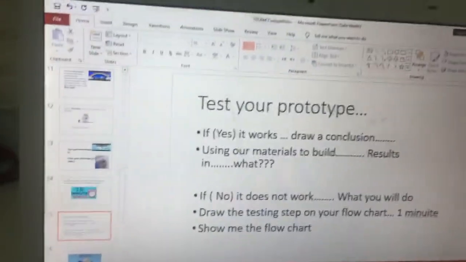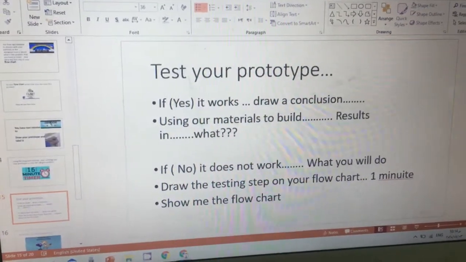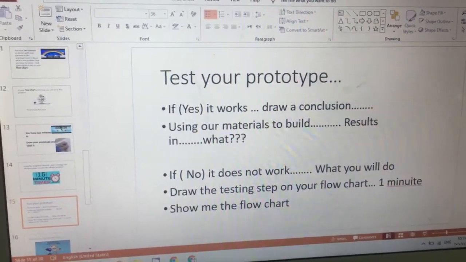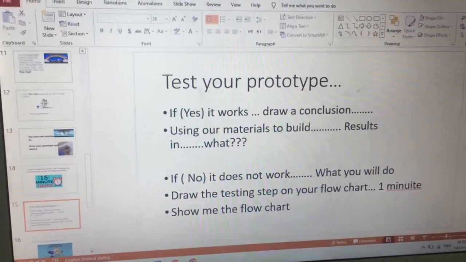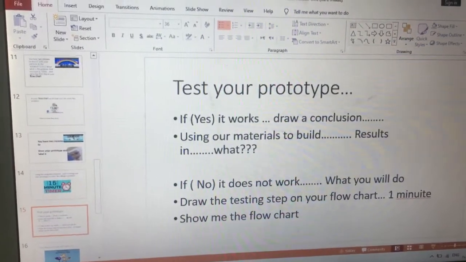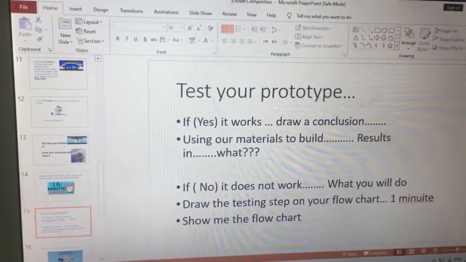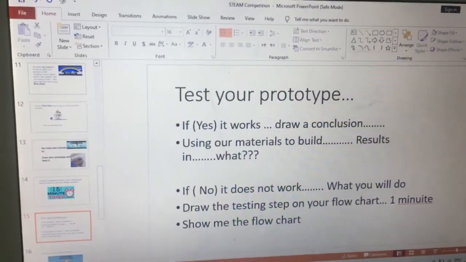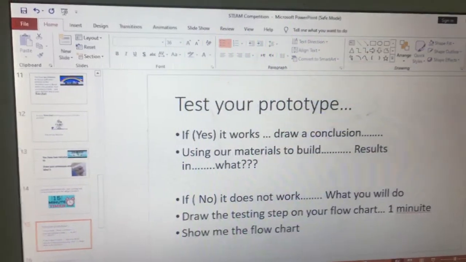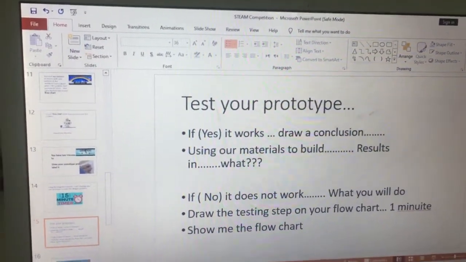And then after this, I will say test your prototype. If yes, it works, you will test it using a lighter. And Selma said she will also connect it to a balloon to show that there is gas. And Laith, or any one of you, can connect a plastic tube and put it inside a glass of water to show that there are some bubbles coming out.